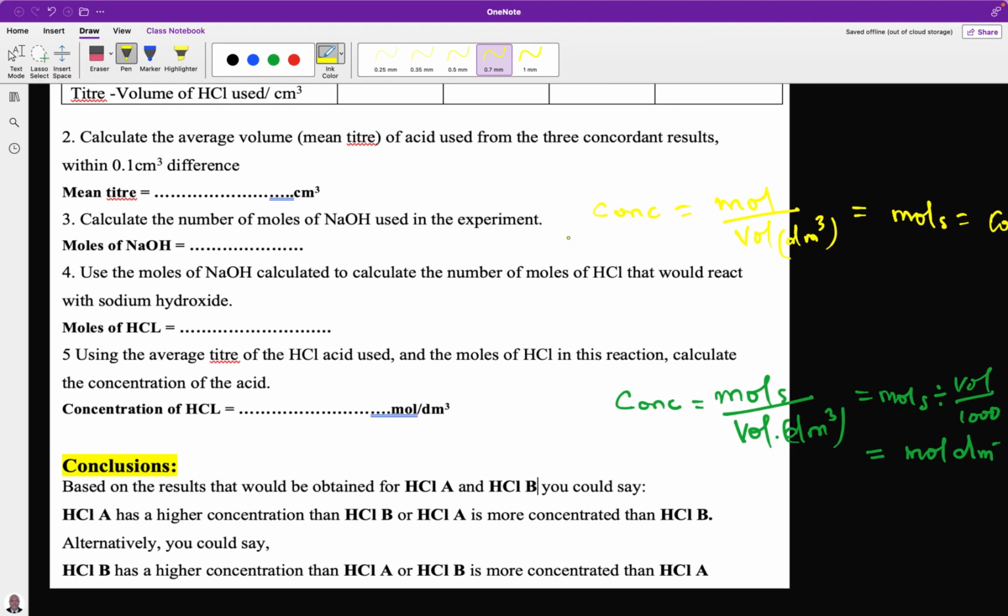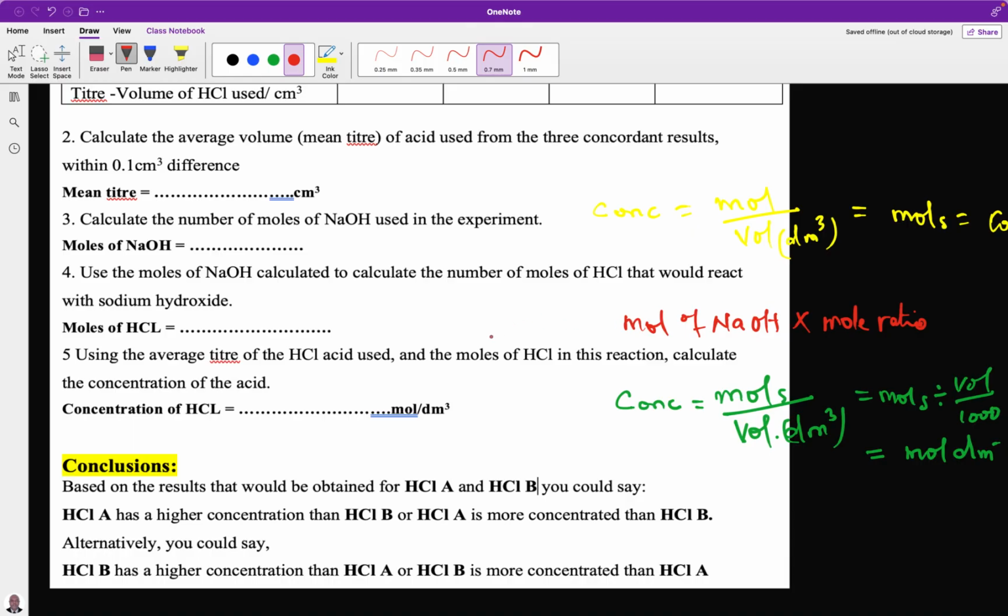Then, using the moles of sodium hydroxide, calculate the moles of the acid. Moles of sodium hydroxide times the mole ratio, moles of sodium hydroxide for the moles of acid.